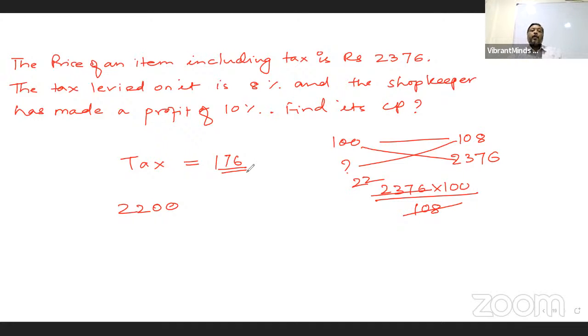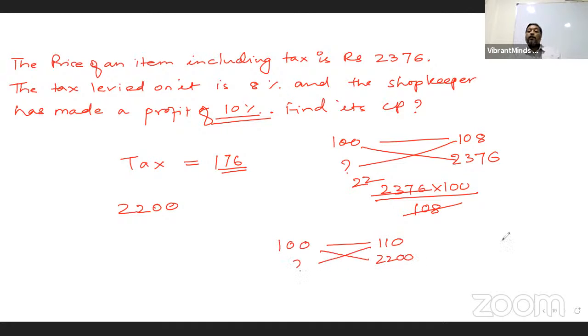The tax is 176. But the shopkeeper has also made a profit of 10%. So when somebody makes a profit of 10%, if it is 100, that means it should be 110. The selling price would be 110, but the selling price here is 2200.